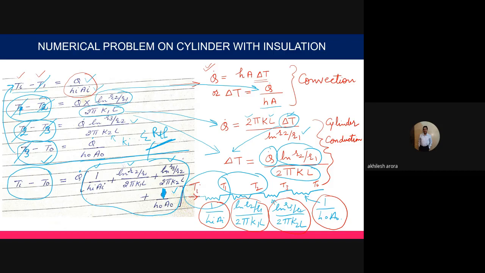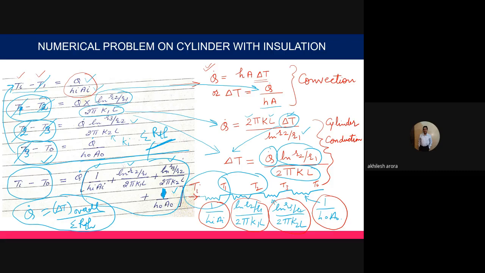And if you remember exactly, you should know that Q dot is actually given by delta T overall divided by sigma R thermal. So you can see whatever expression we are getting above is based on this particular expression only, which is written here. Okay, so it's clear to us.